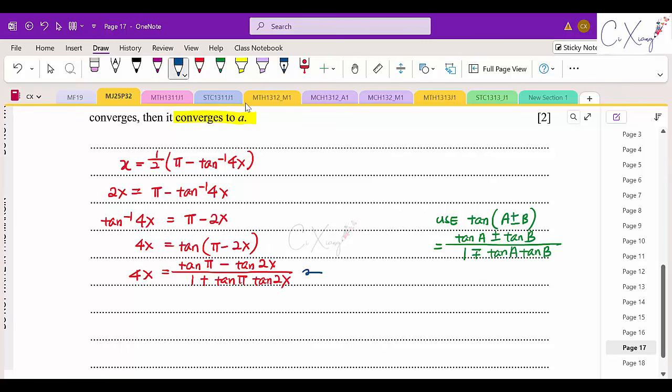Okay, so from here, you need to know that tangent pi is equal to 0. So I'm having tangent 4x equals negative tangent 2x divided by 1. And eventually, you can see that I successfully get the original equation that we have in the first part.